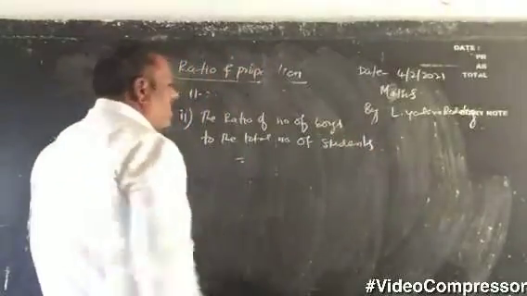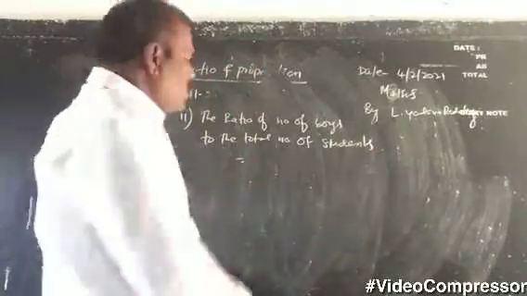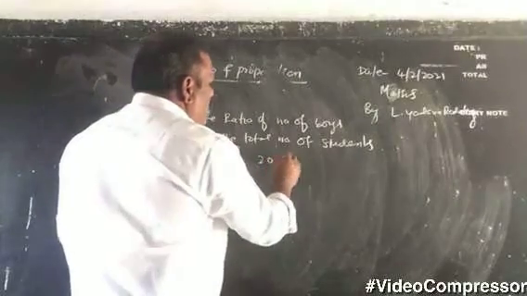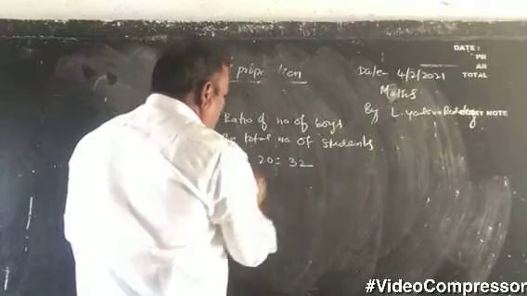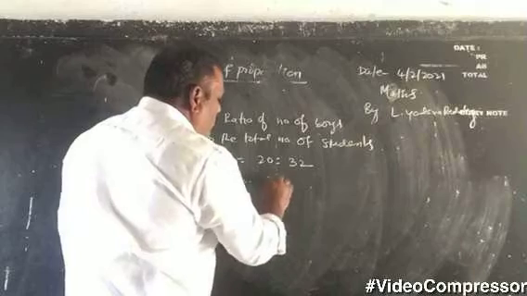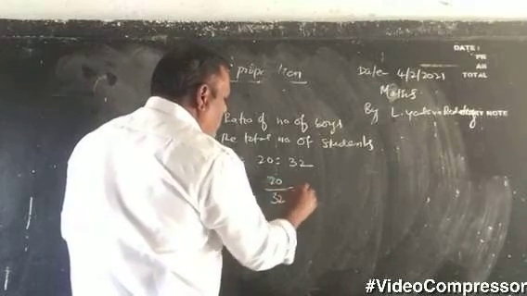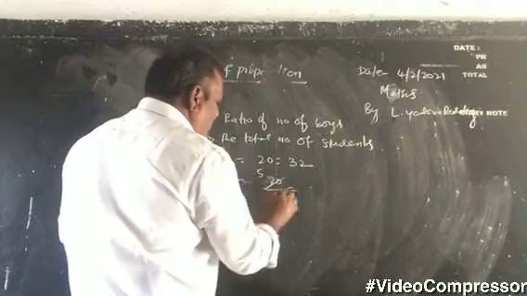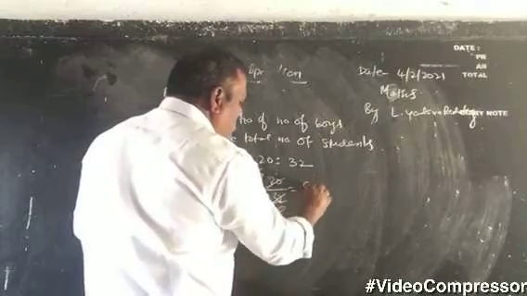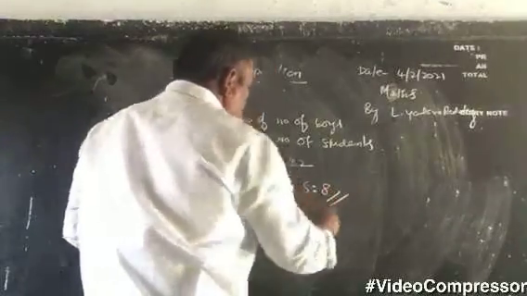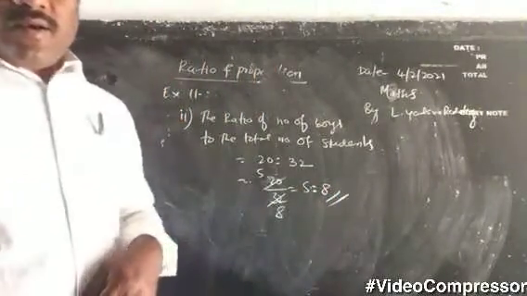That implies number of boys. How many are the number of boys? 20 is to total number of students 32. That implies 20 by 32 equals how much children? 4 fives are 20, 4 eights are 32. So 5:8, children. 5:8.